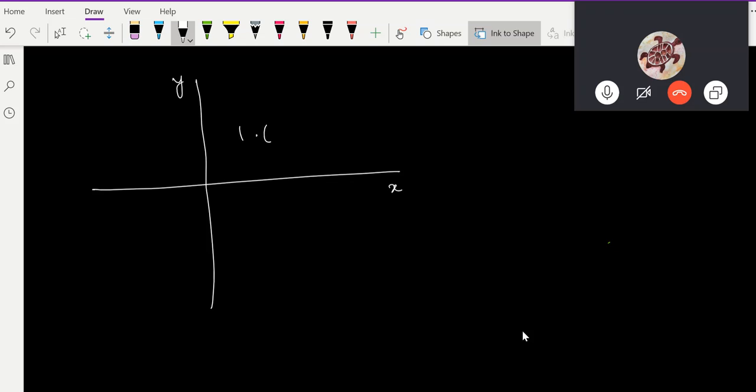So if I say I have a point (2, 3), it means I go 2 steps on the x-axis and then 3 steps on the y-axis. This is how we define a point on a two-dimensional plane.